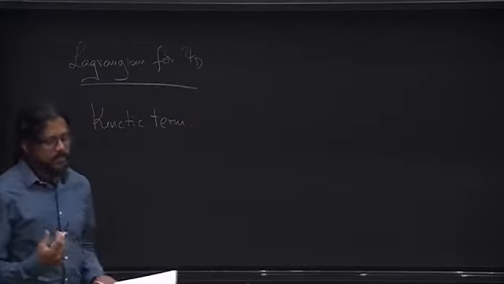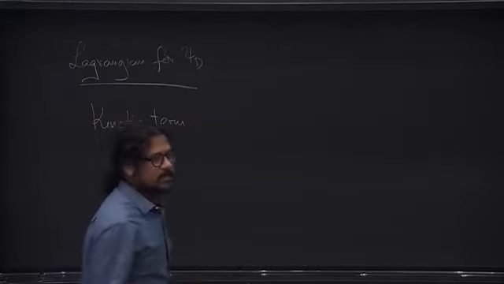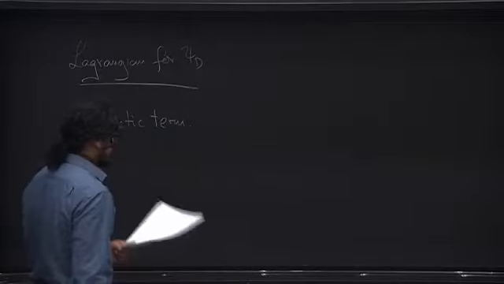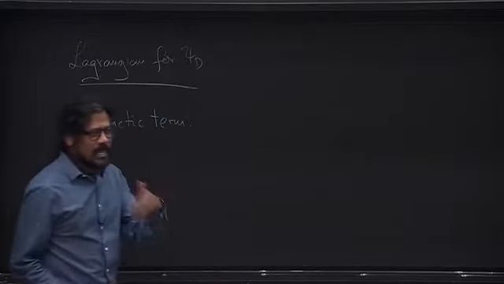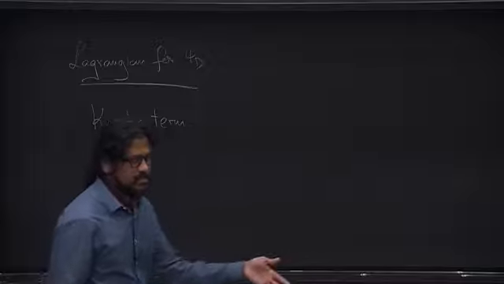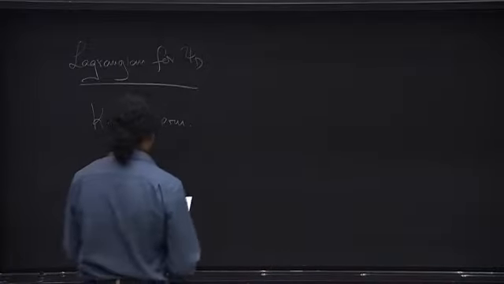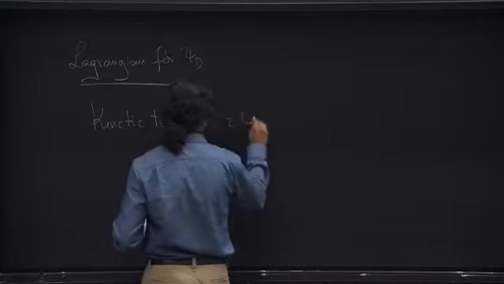So we want all these terms to be invariant under Lorentz transformation. So a kinetic term should have a derivative, space-time derivative, right? So let's try this thing.